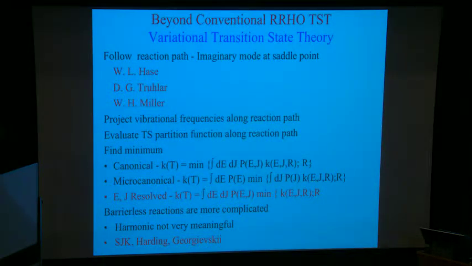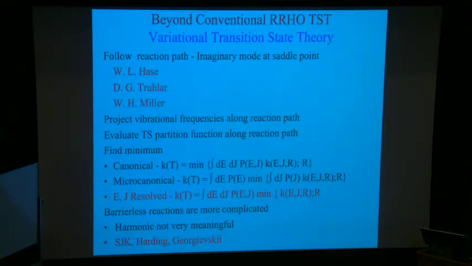We can do this in some analytic way, and we get what they call the minimum energy path or the intrinsic reaction coordinate. We follow that path, and along that path, we then do more frequency evaluations. We project out the one coordinate that we're following, and we look at frequencies along all the other coordinates.